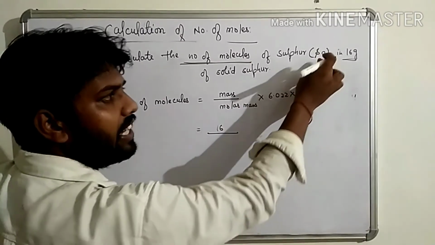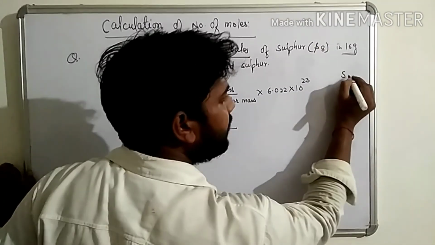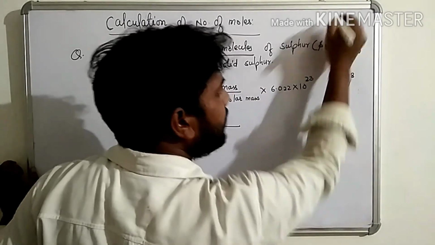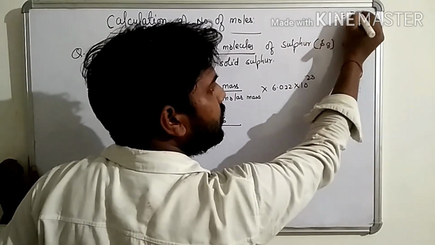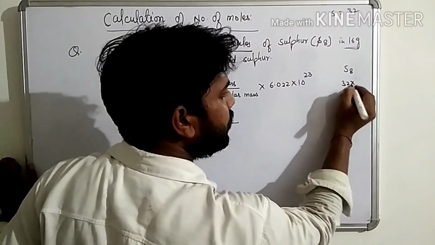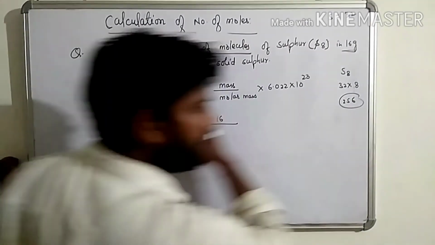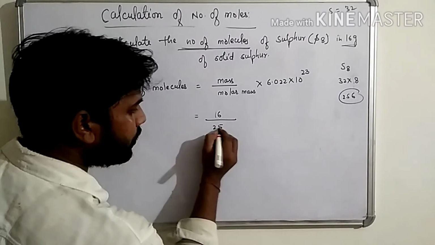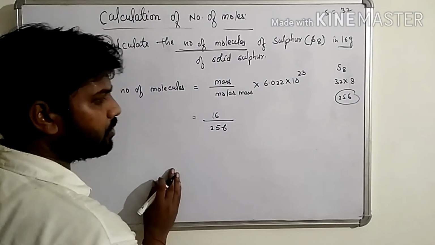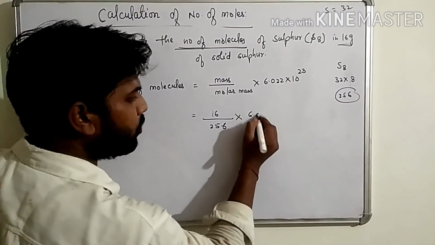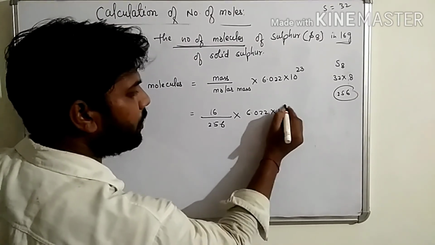Molar mass we can easily calculate, sulfur S8. Atomic mass of sulfur is 32. So 32 into 8, 256 gram. 16 by 256 into 6.022 10 to the power 23.